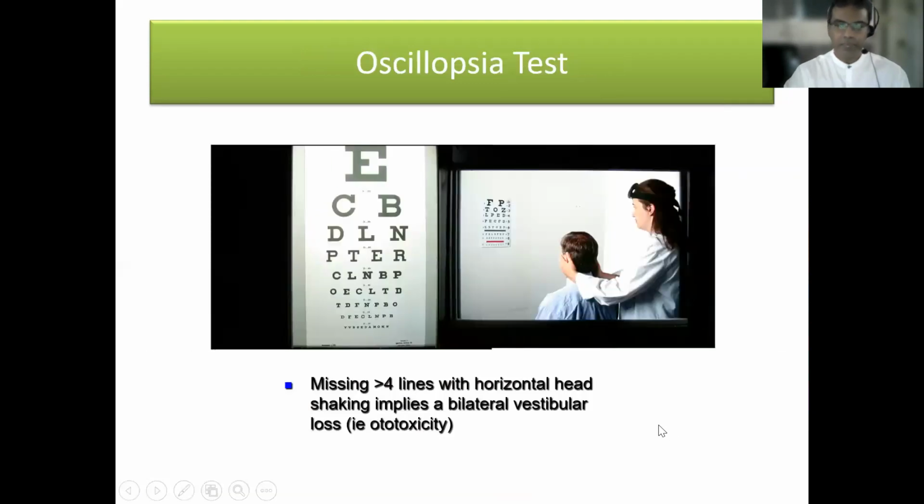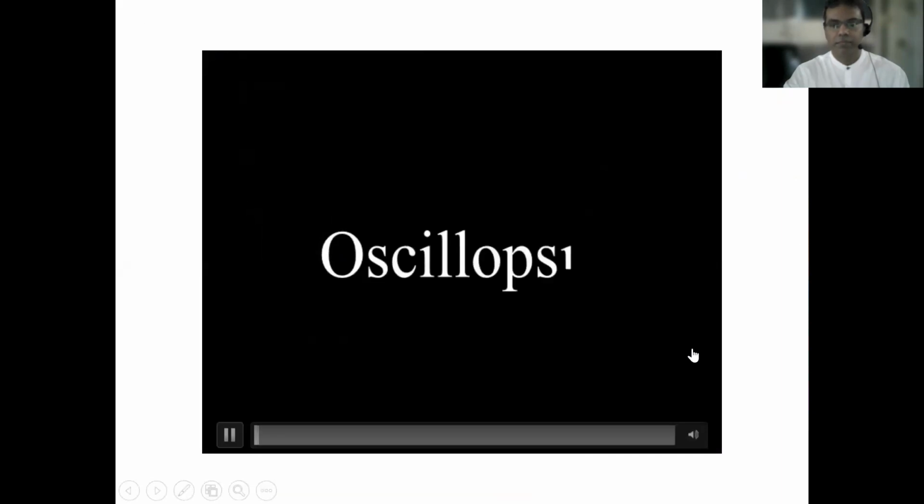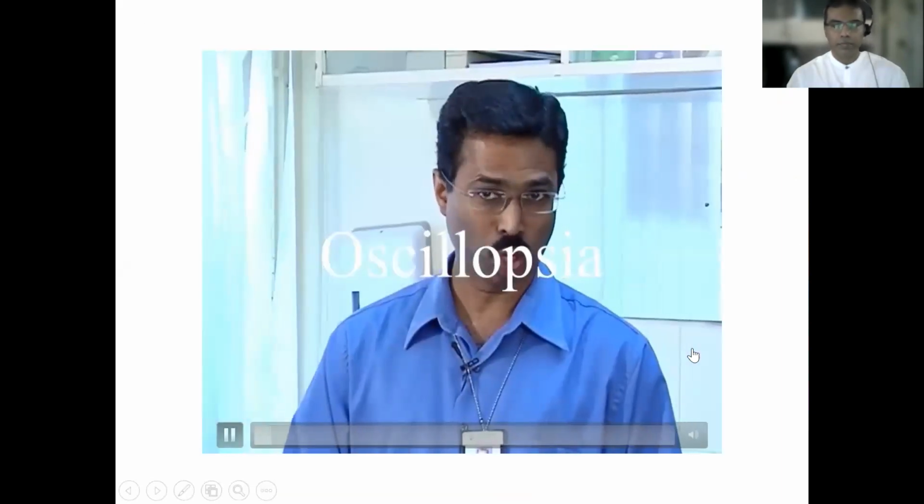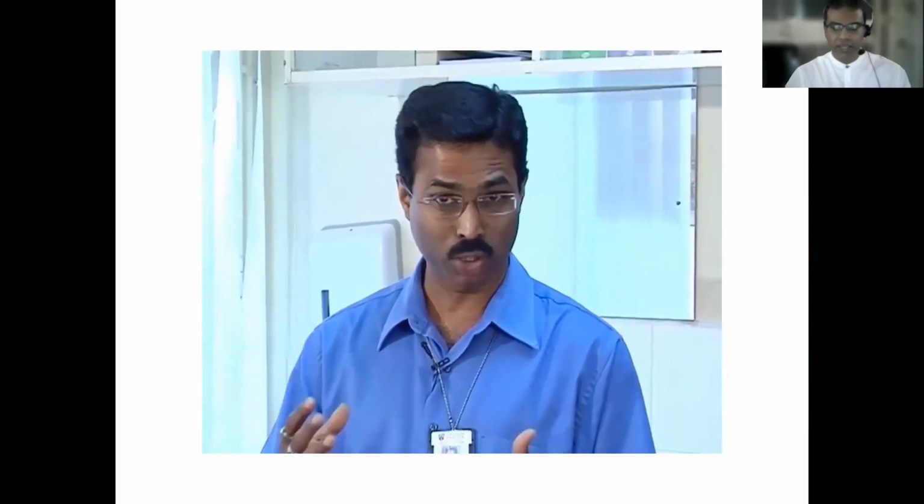Finally, the last test is Oscillopsia testing, which actually looks for bilateral vestibular deficits, and a simple test can be done using a Snellen chart. So the patient is asked to look at a Snellen chart and is asked to read the lines without the head shaking and with the head shaking.